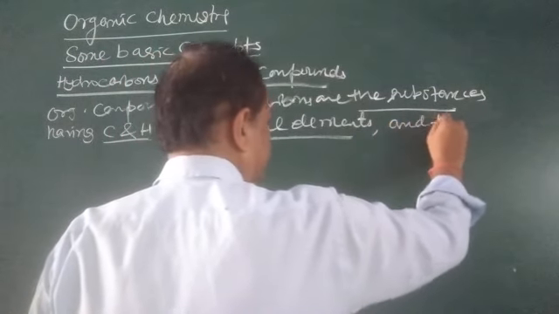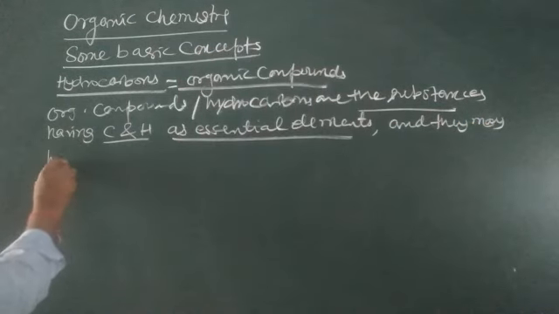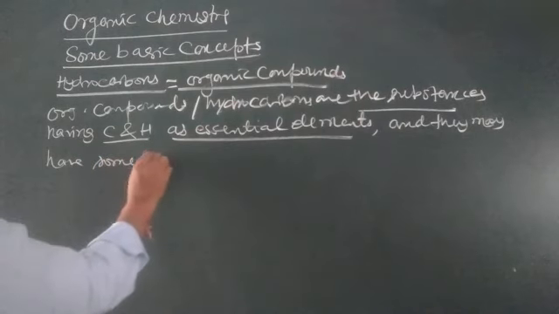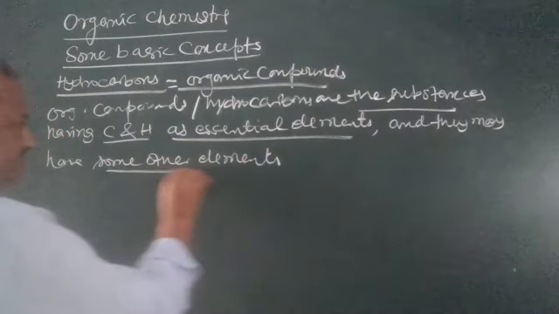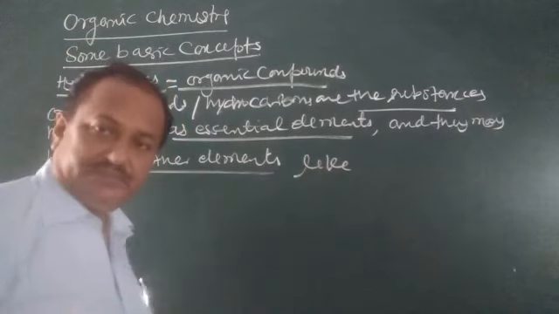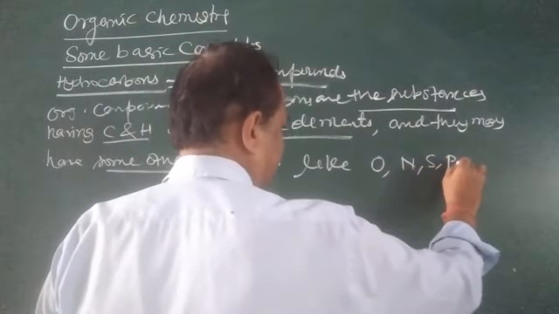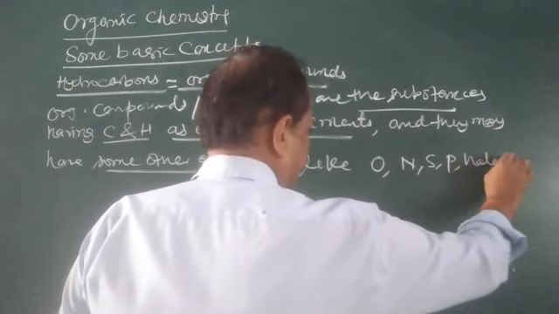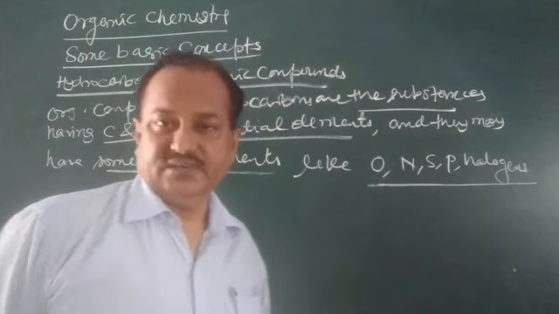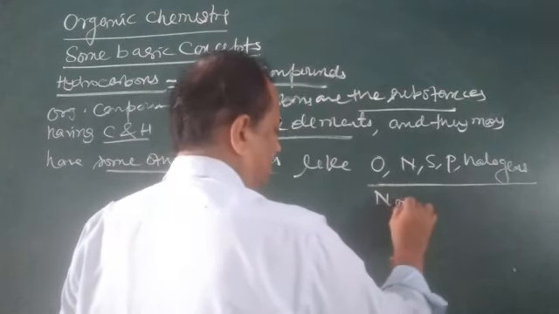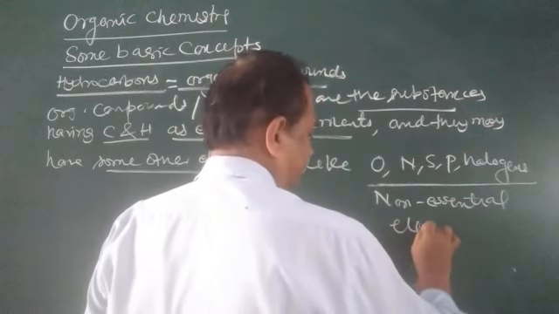But this is not all. They may have some other elements. Other elements can be present like oxygen, nitrogen, sulfur, phosphorus, halogens, etc. We say them as non-essential elements.